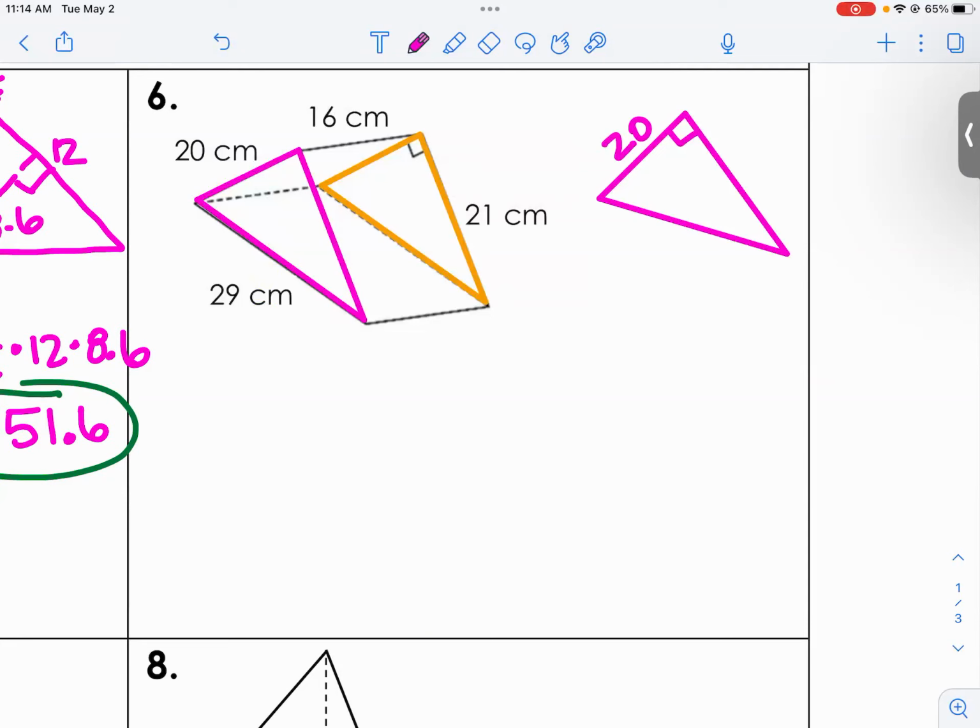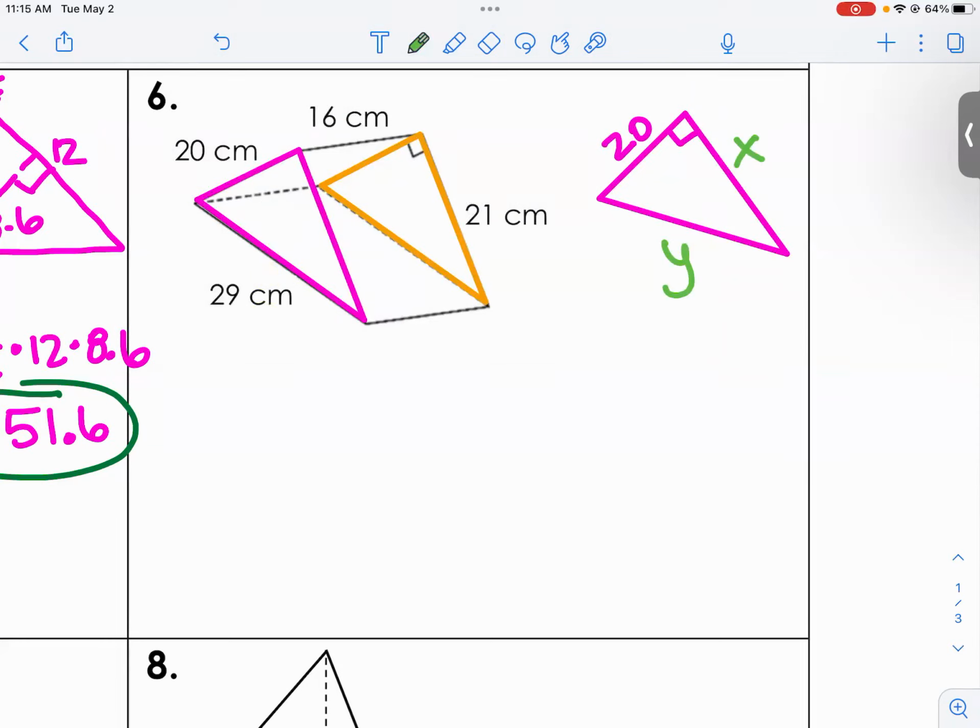Okay, so I'm going to label these X and Y. Which one is going to be the base for our area? Do we care about Y or do we care about X? Which one do we want? Y. Why is it the X and not the Y?